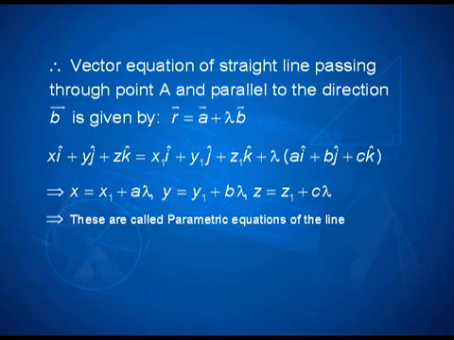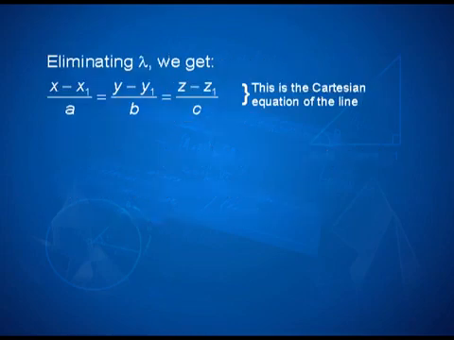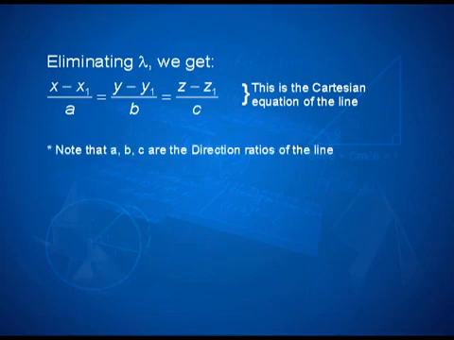If I remove lambda from these expressions, I get the equation (x minus x1) by a equal to (y minus y1) by b equal to (z minus z1) by c. This is what we are looking at as the Cartesian equation of the line. Also note that a, b, c, the denominators in this form, are the direction ratios of the line.